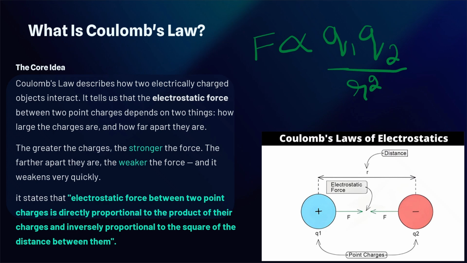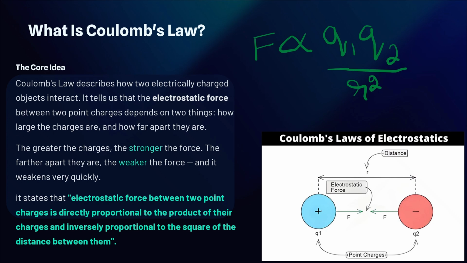So the greater the charges, the stronger the force, and the farther apart they are, the weaker the force, and vice versa. It means Coulomb's law tells us the force between two charges when they are brought near each other.